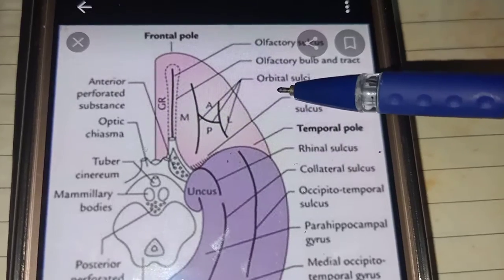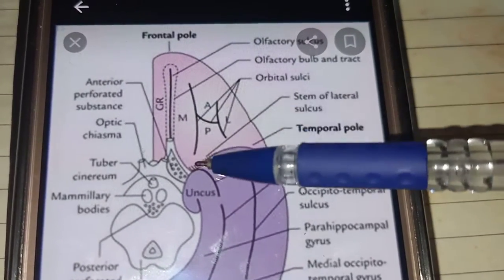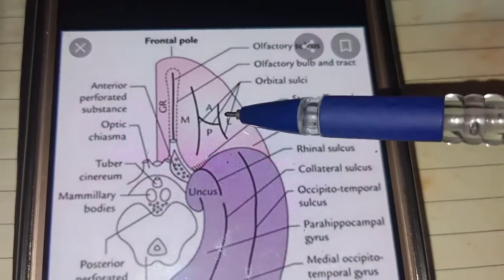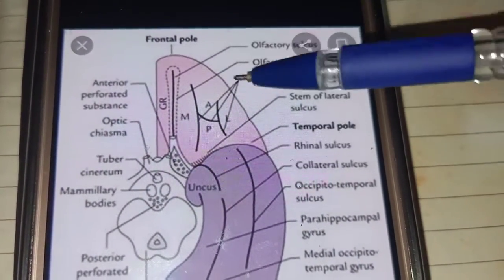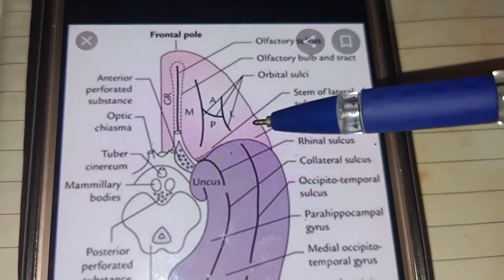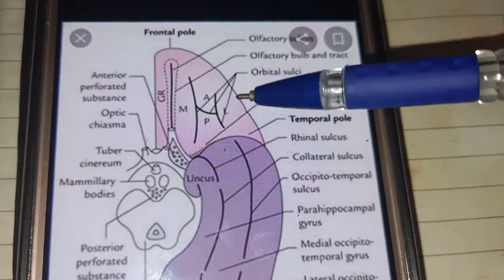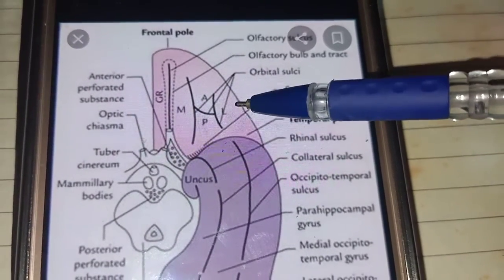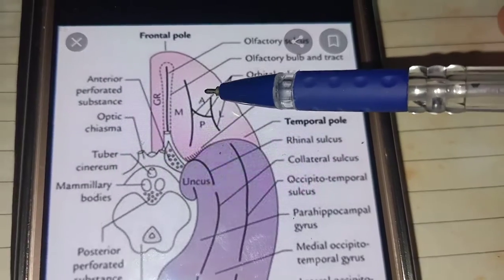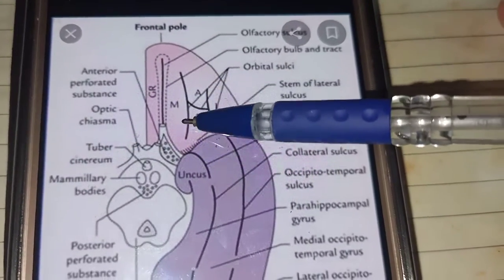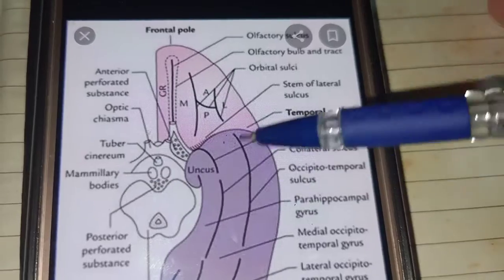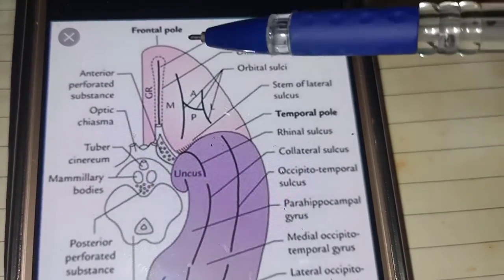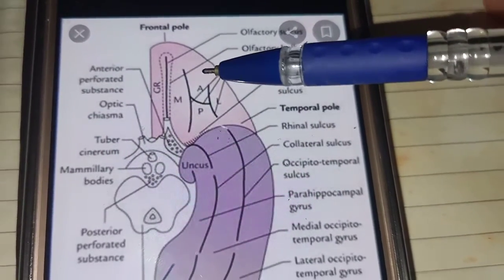Then there is the orbital sulcus, which is H shaped, and surrounding it are the gyri: medial orbital gyri, lateral orbital gyri, anterior orbital gyri and posterior orbital gyri. These are the sulci and gyri on the orbital surface.